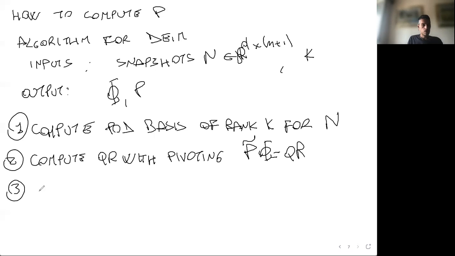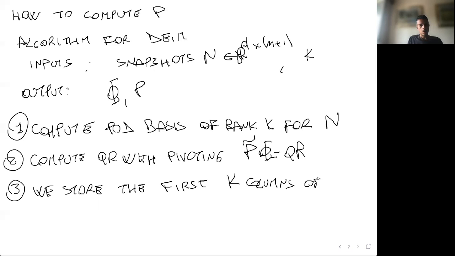And then we store the first k columns of P̃ into P. So all this business, what we need to do, we need to compute the basis for the nonlinear term and some columns of the permutation matrix.